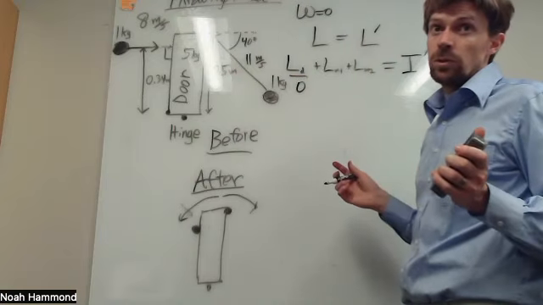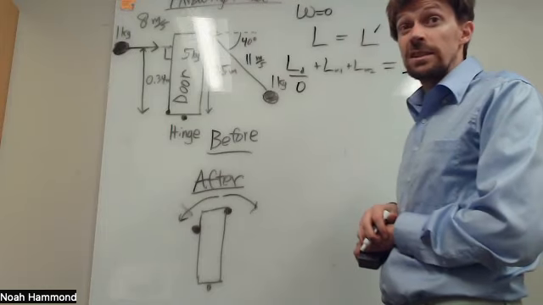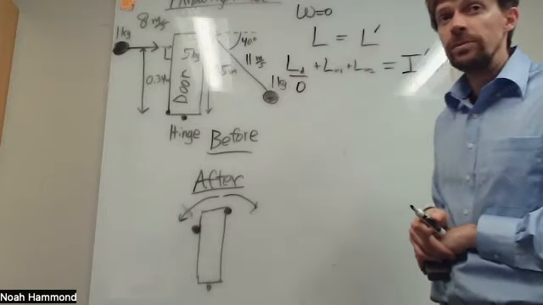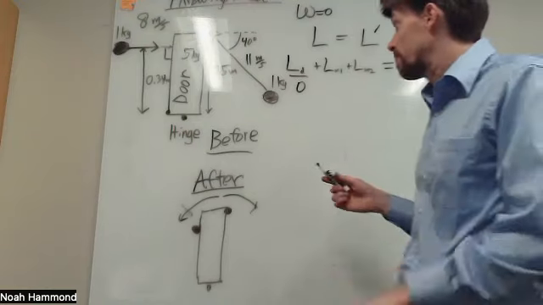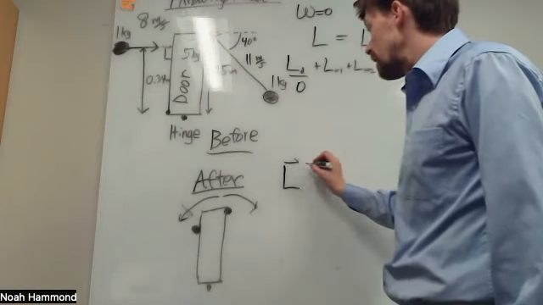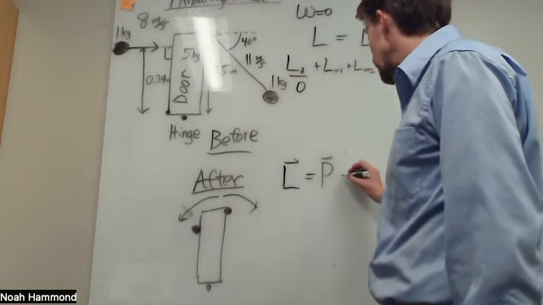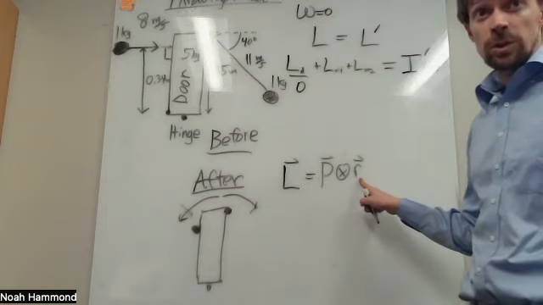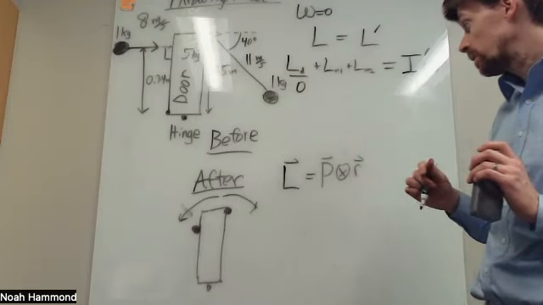So we need to think about, in this case, we're converting the linear momentum of our mud balls into angular momentum. And if you remember, angular momentum is the cross product of the linear momentum and the radial vector between where it's hitting and the rotation point.